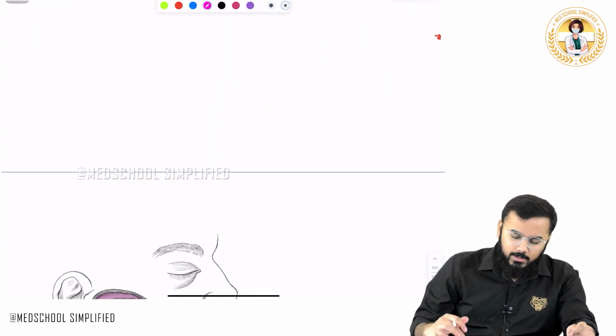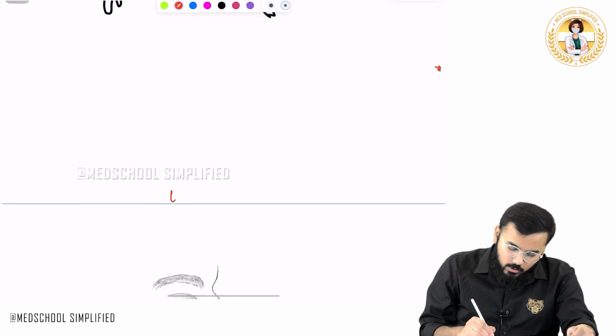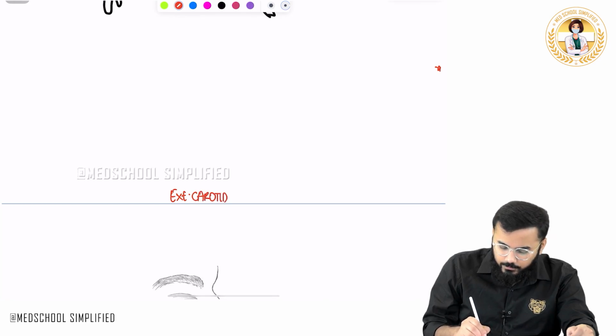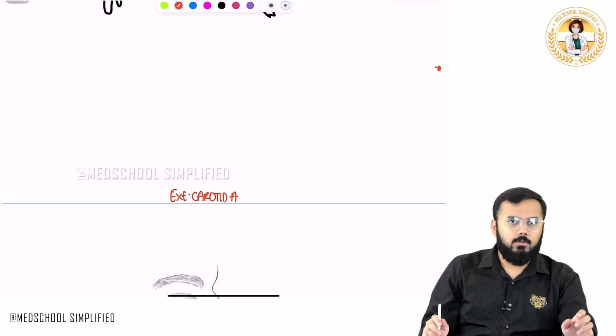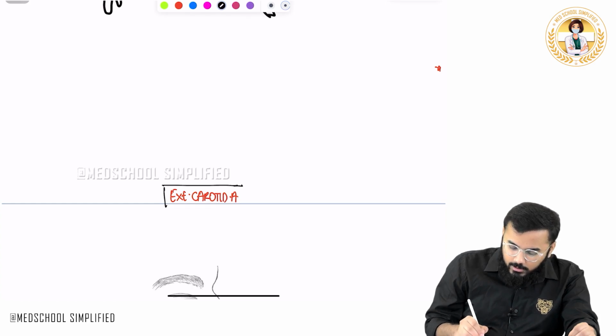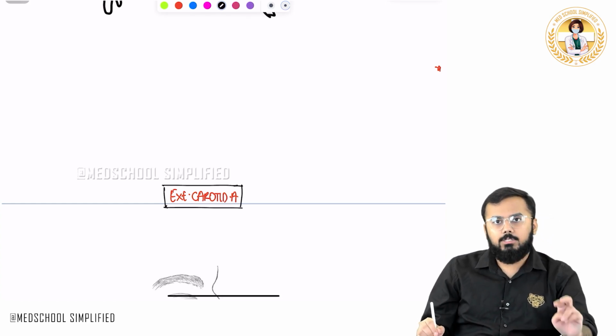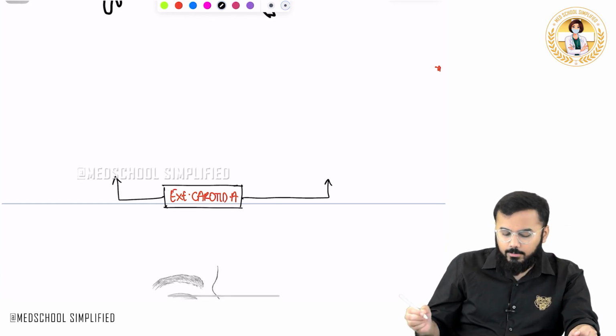Next important thing is that here you have another artery called your external carotid artery. Now this external carotid artery gives two branches. See, this is one branch, this is another branch.